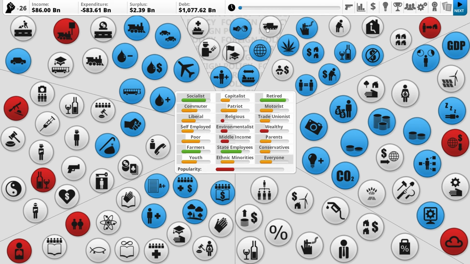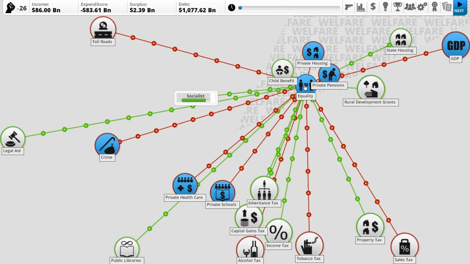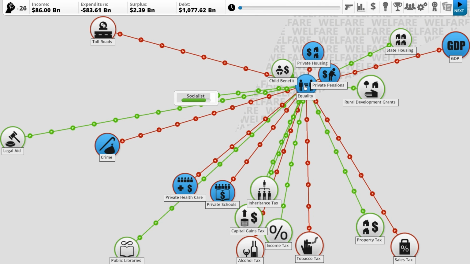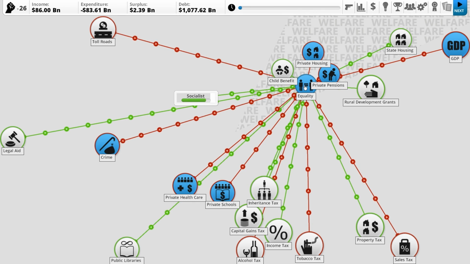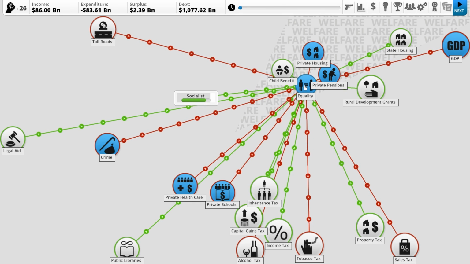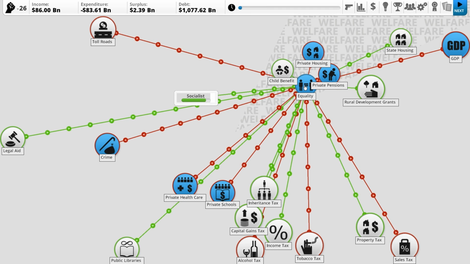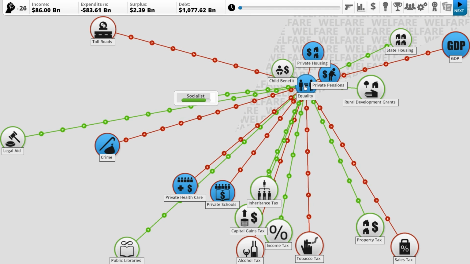So each one of these icons shows a policy, a group. If I hover over something here, you'll see this here is equality and all the things that affect it. Green lines are positive effect, red is negative effect. So you'll see up in the left, I'm not going to move my mouse because it's going to take this away.